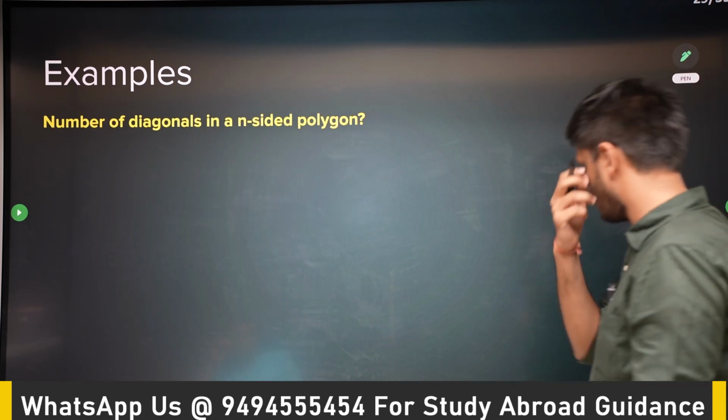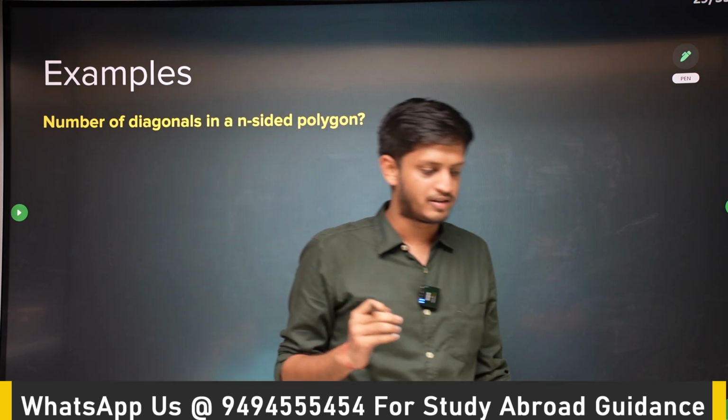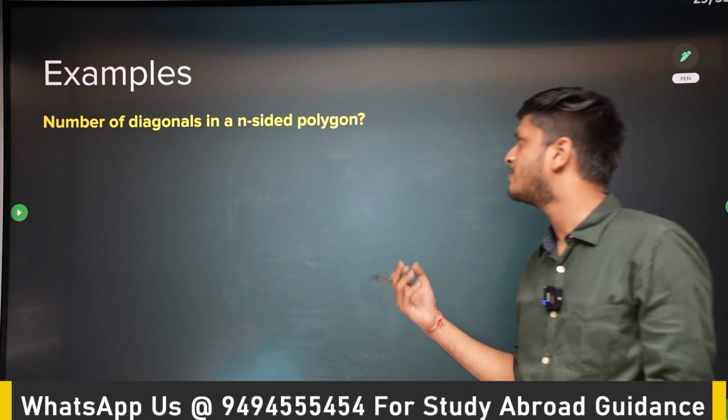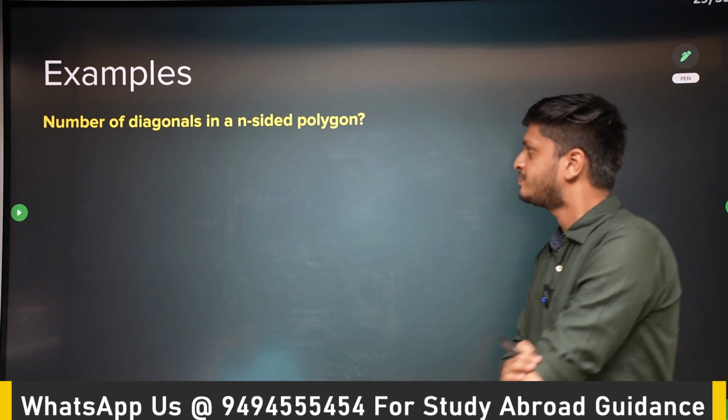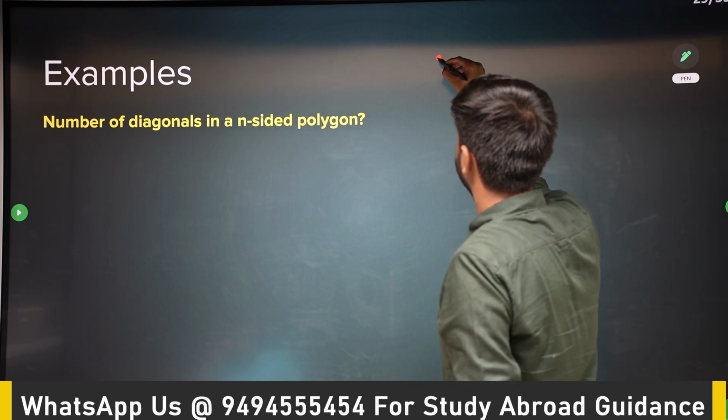Cool. So now the last example, one of the most important examples of combination. What is the number of different diagonals that are present in an n-sided polygon? Okay, so let's say we have a polygon of side 5.